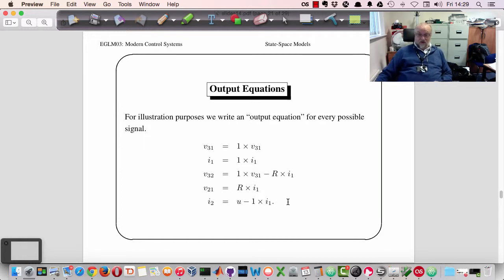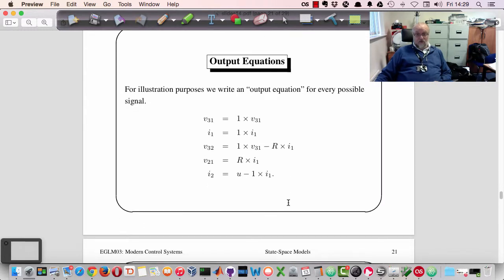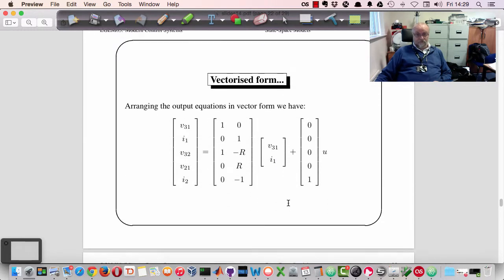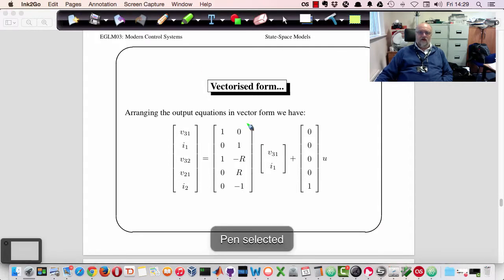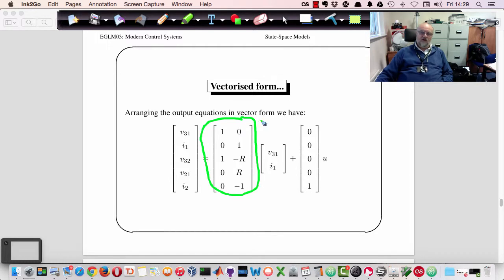So those equations are there. We could write them all down, and we can put them into a vector form. All the outputs we're interested in: the state variables V31 and I1 plus the input U, and this matrix here has got all the possible other equations we might be interested in to find out the variables in the system.